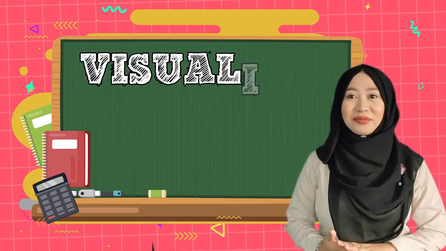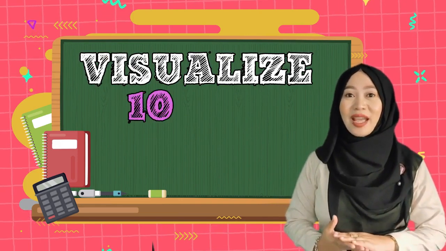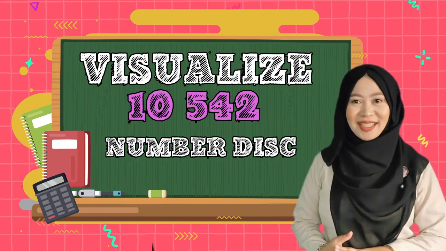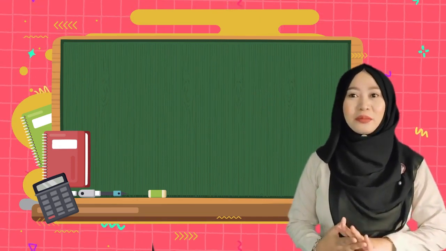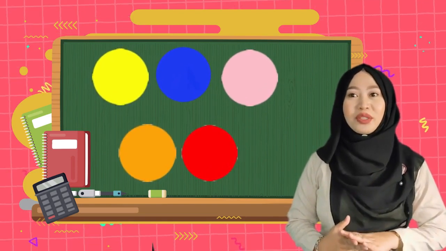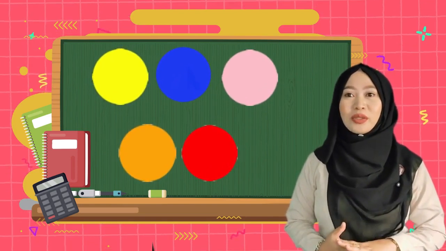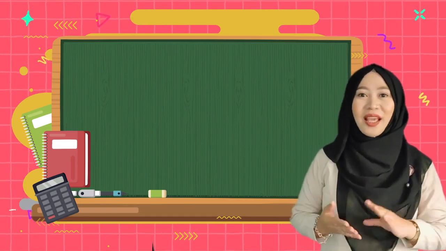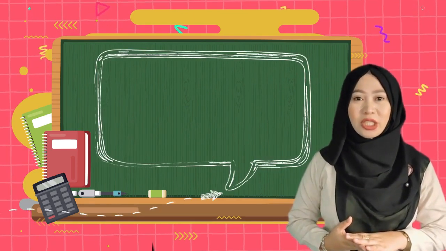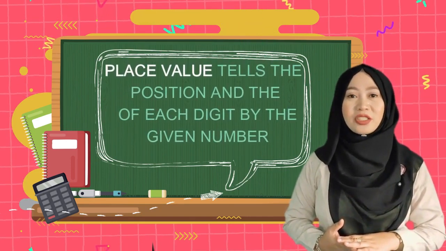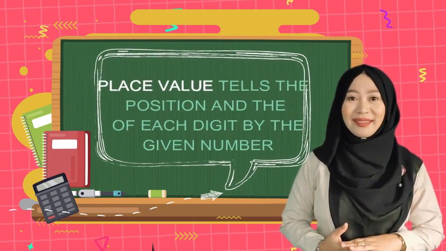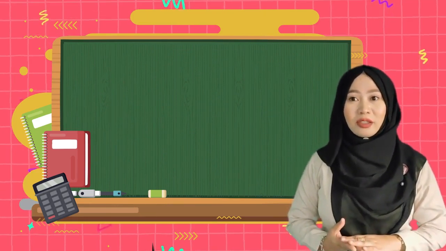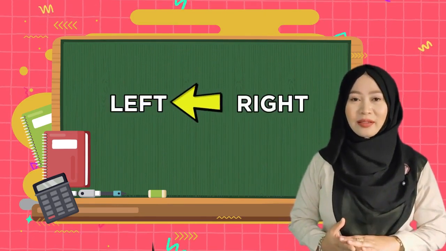Let us start visualizing the number 10,542 by using number disc. We will use a number disc with 5 different types of color based on their respective place value. Anyway, place value tells the position and the value of each digit in the given number. To determine place value, start from right to left.